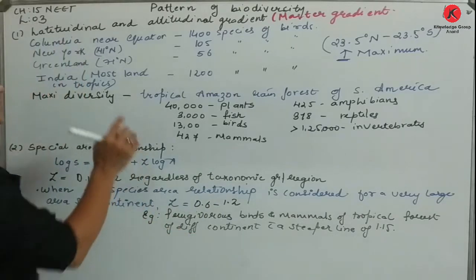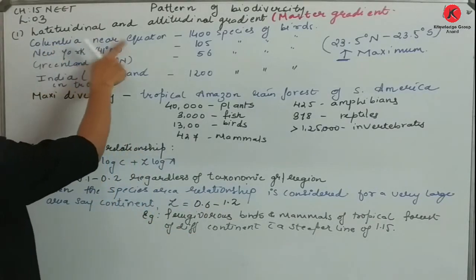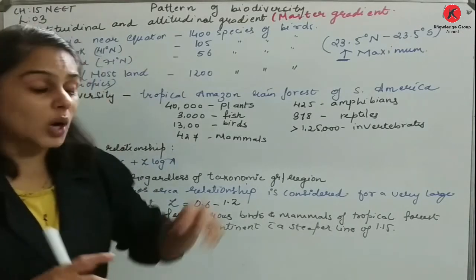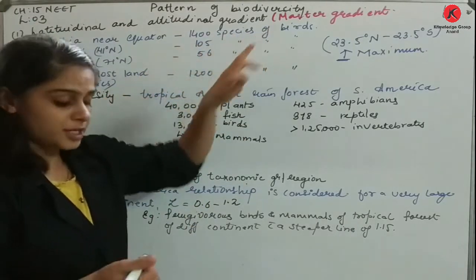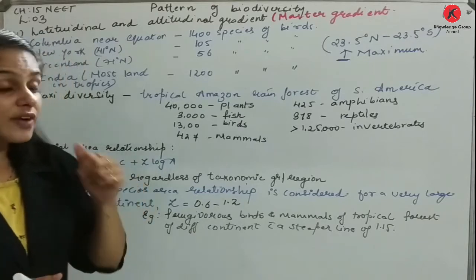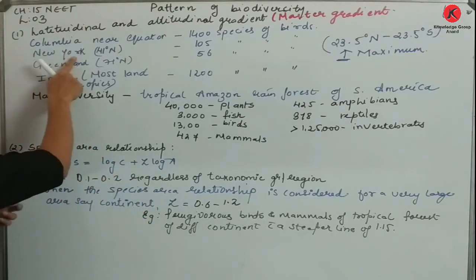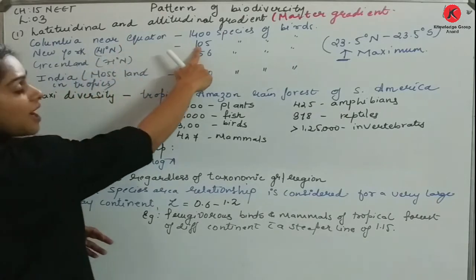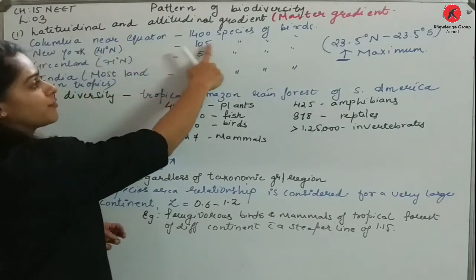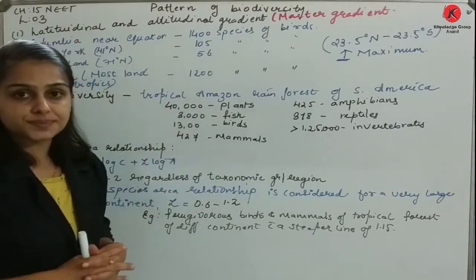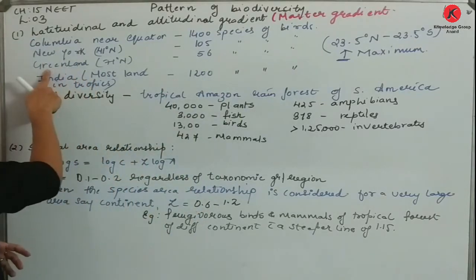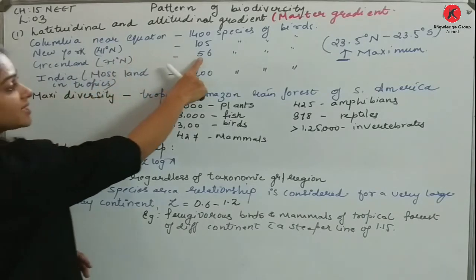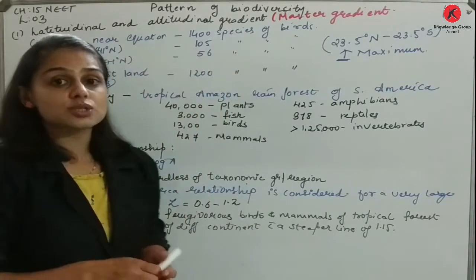Okay, so what I have written over here: Colombia, near the equator, has 1400 species of birds. How many species? 1400 species of birds. At the very same time, New York, which is 41 degree north, has 105 species of birds. Greenland, 71 degree north, has 56 species of birds.